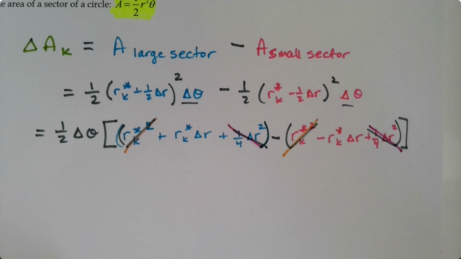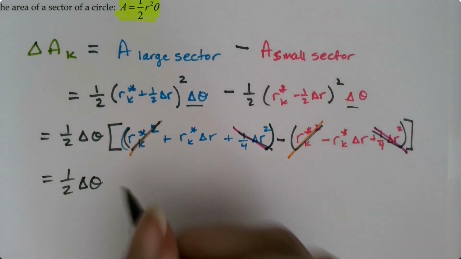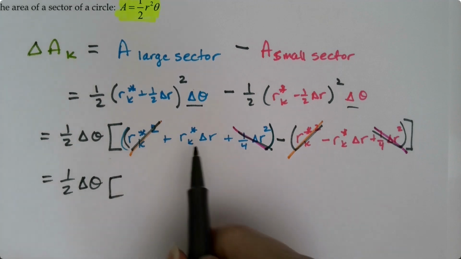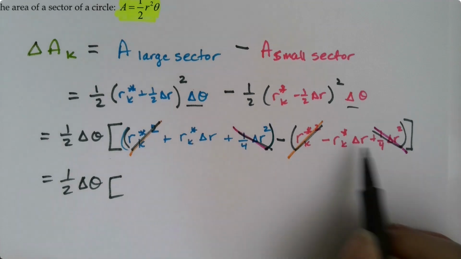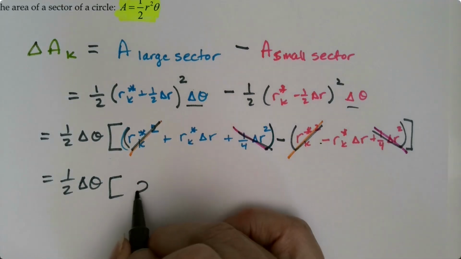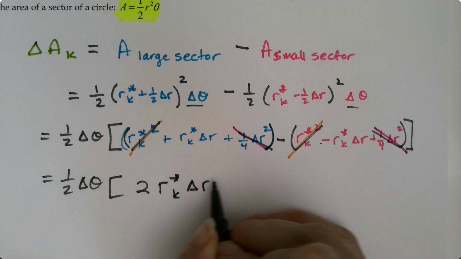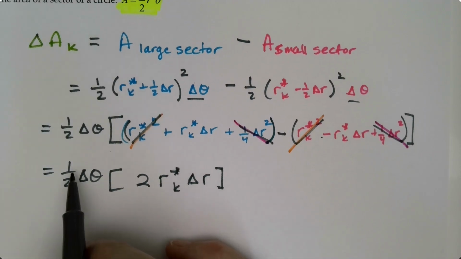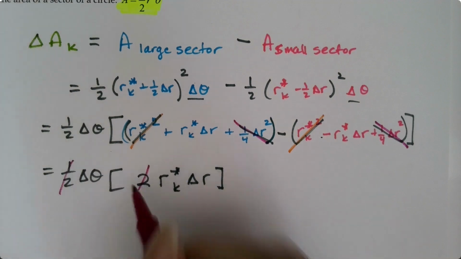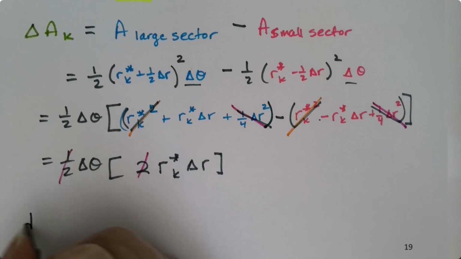And all that leaves us with is 1/2 delta theta in front times r sub k star delta r plus r sub k star delta r. So 2 r sub k star delta r. And 2 times 1/2 becomes 1. So it becomes dA, right?